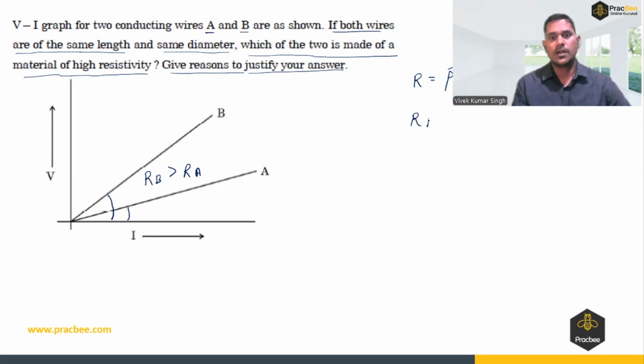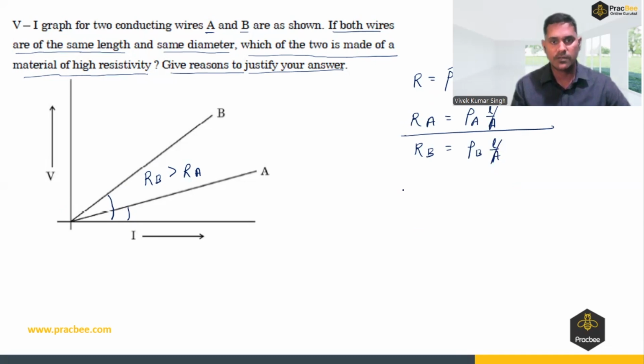So R_A would be equal to rho_A L upon A, and R_B would be equal to rho_B L upon A. If we divide, this L upon A is cancelled out. We'll be getting R_A upon R_B is equal to rho_A upon rho_B.